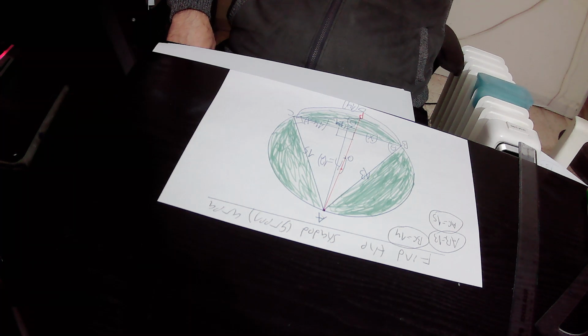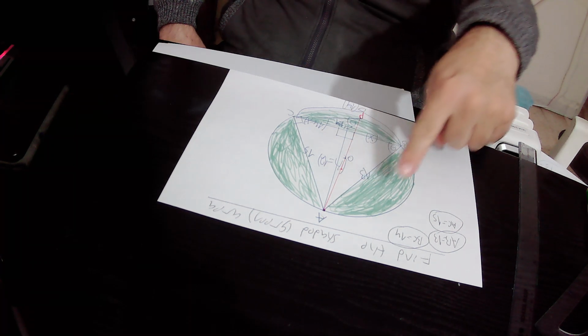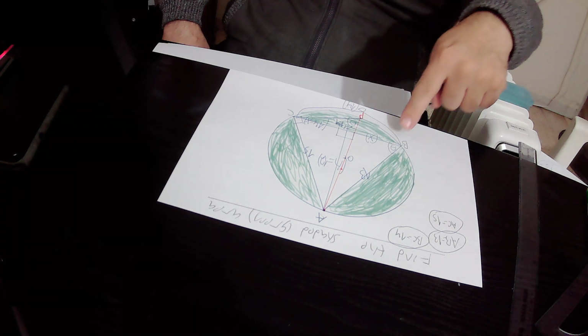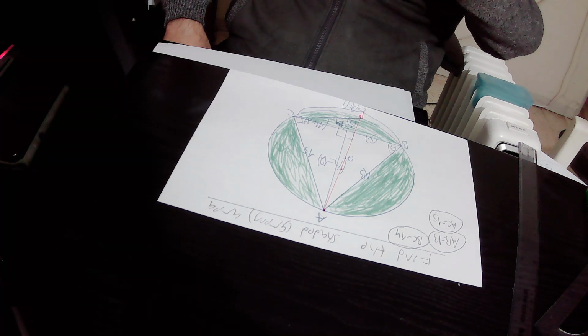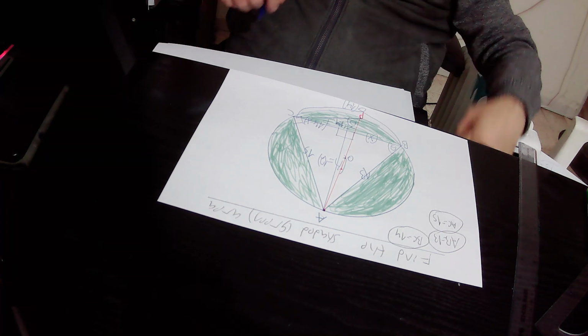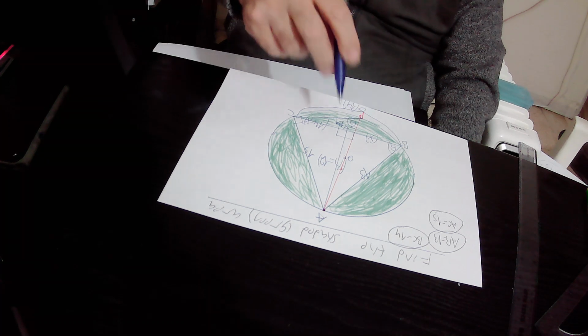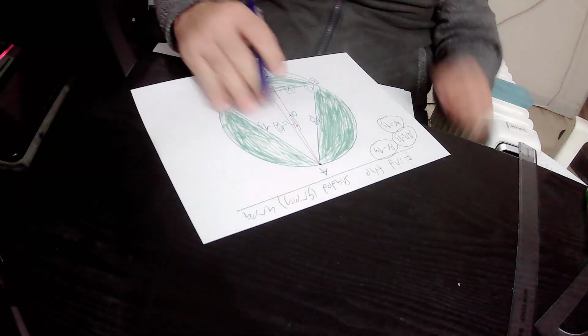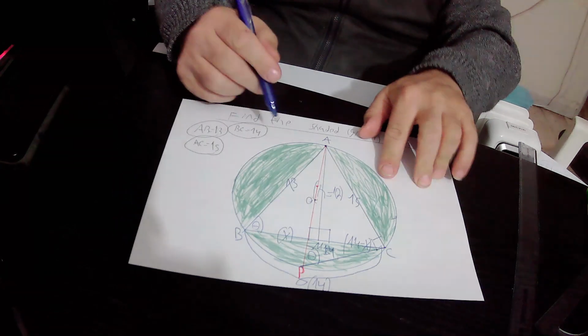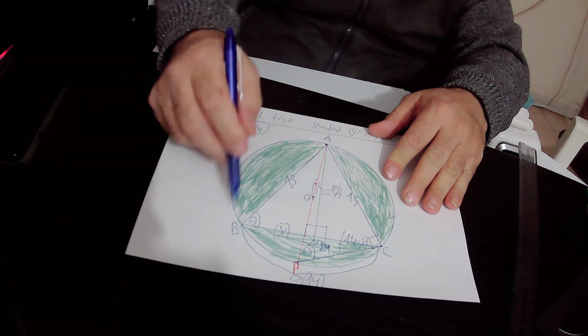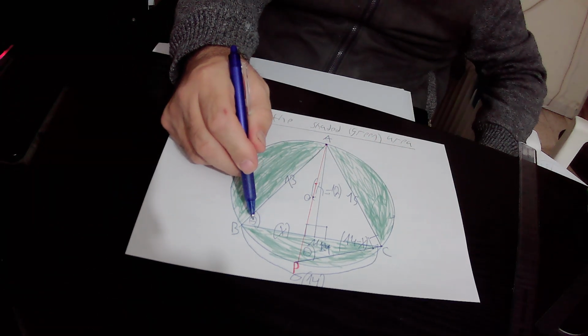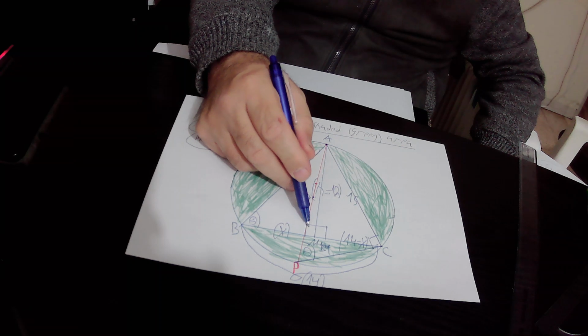So actually we found out that angle ABM equals theta. Angle AMB equals 90 degrees. So if we focus on the right triangle AMB, this angle equals theta and this angle equals 90 degrees.